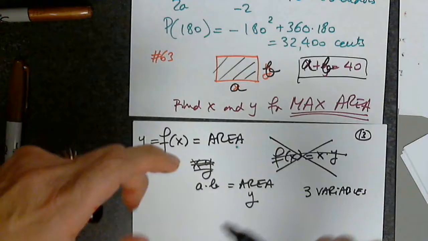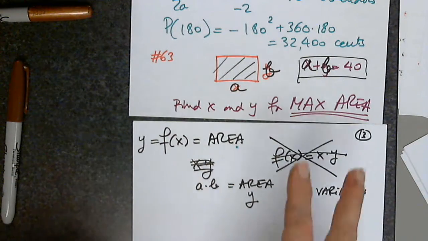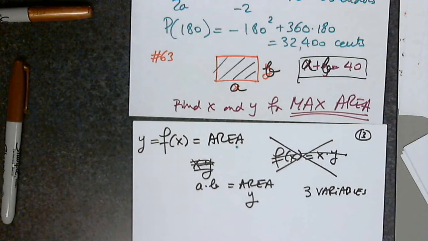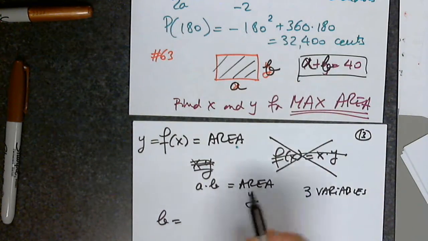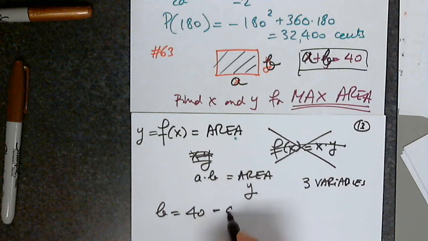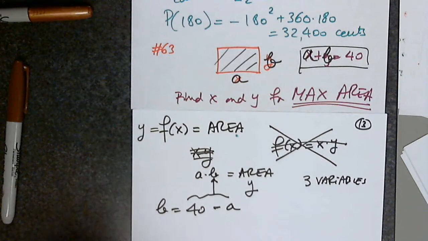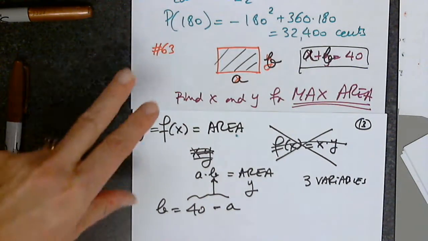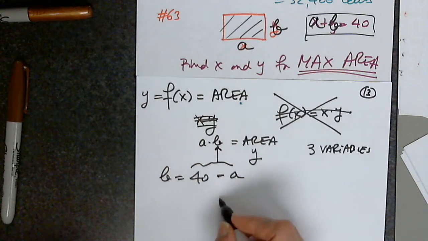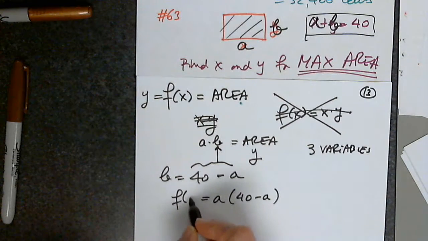So I could eliminate one of the variables using this relationship. Let's say we want to eliminate b. I want to solve this equation for b, which is 40 minus a. I'm going to replace b in the area by 40 minus a. So then now I have a times 40 minus a is a function of a.